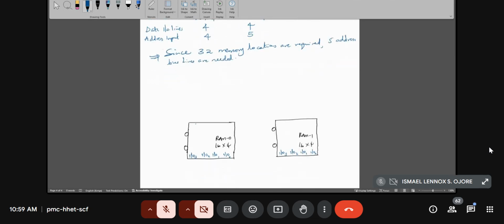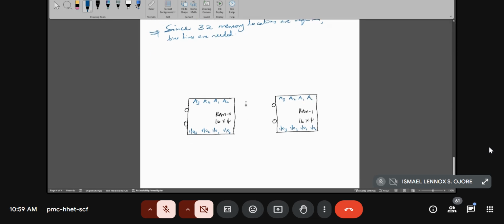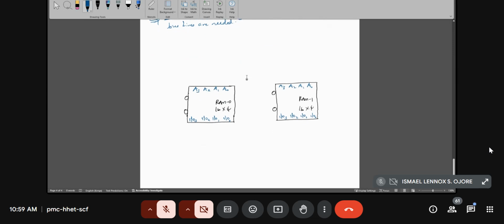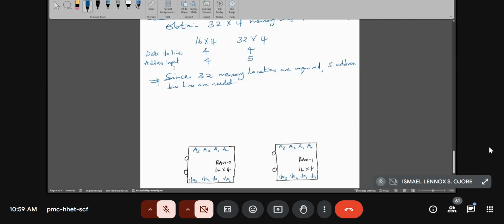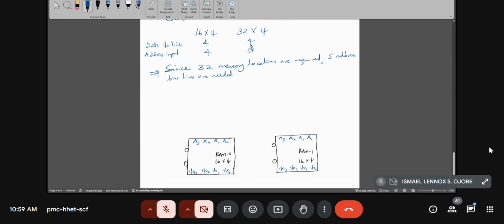So once again, we have the 4 address lines. Yeah, so I think that is okay. Then we have determined that our input output lines will be 4, for the resulting memory.